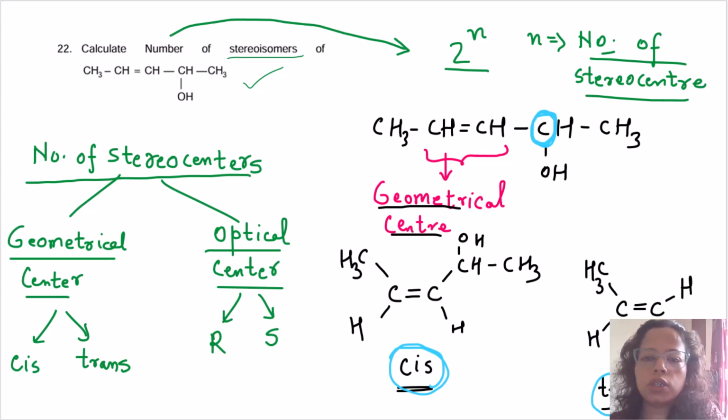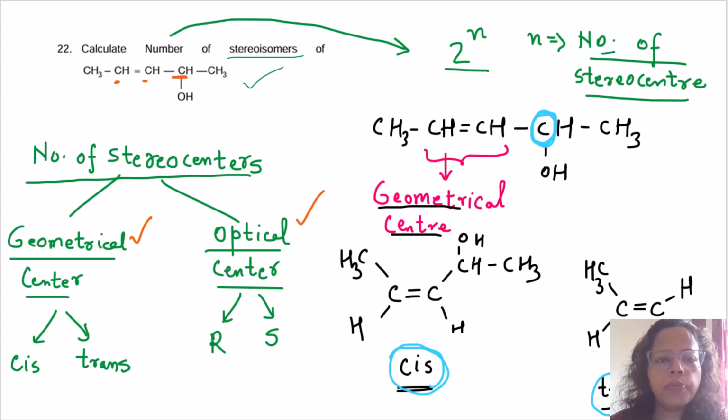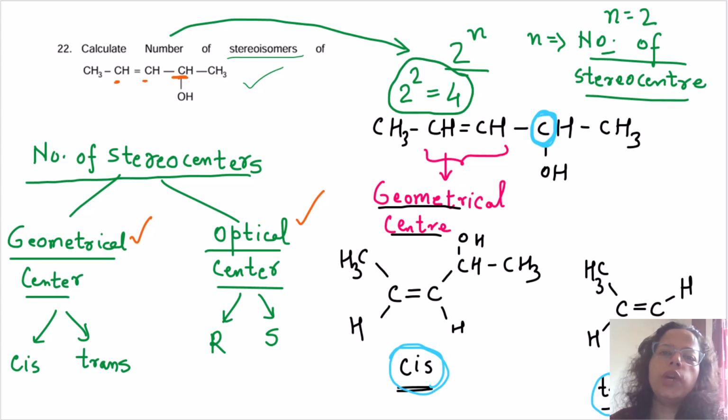We have two stereo centers, one geometrical center and another optical center. Either this carbon or this carbon gives the geometrical center and this carbon gives the optical center. So by this formula, if n is equal to 2, then 2 to the power 2 is equal to 4 stereoisomers in this compound.